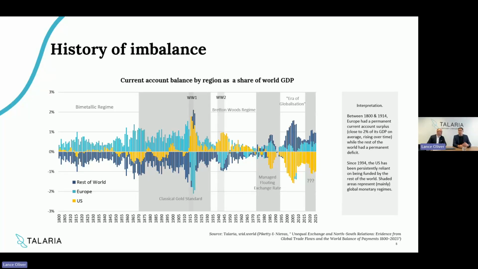But this has profound implications for the kind of assets that will perform going forward, and indeed the return expectations from a whole range of assets that a lot of investors over their lifetime have become accustomed to. So we're thinking about a regime change, where the era of globalization is now moving to something new, something different.